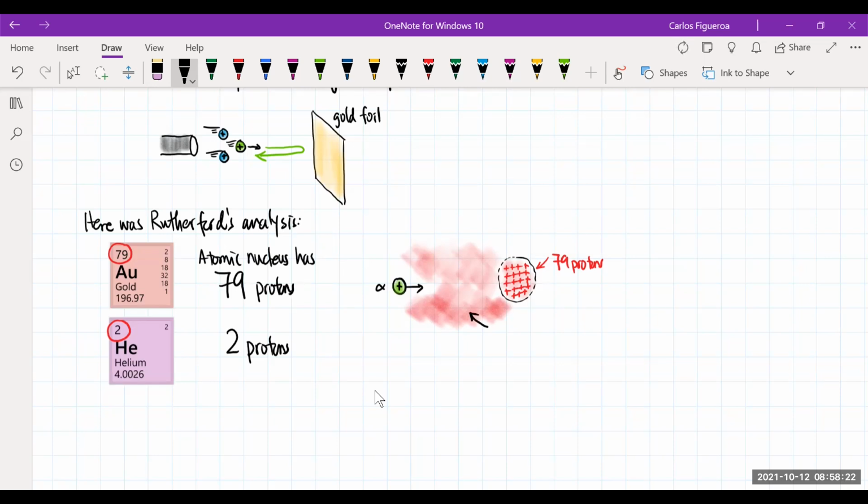This here is the gold protons producing an extremely intense electrical force field.